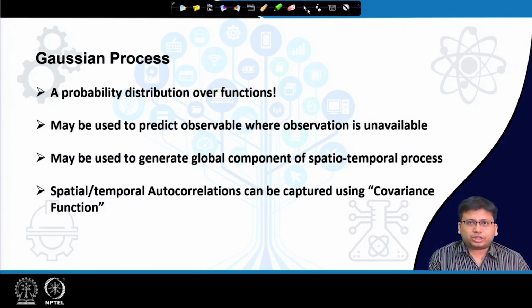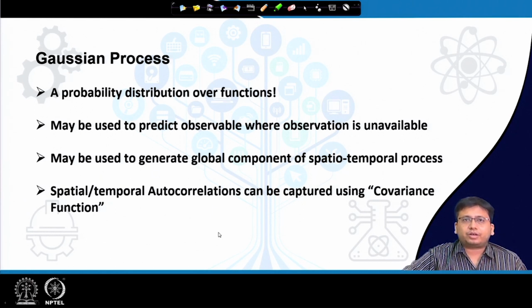Now, this Gaussian process has a covariance function, which we will discuss once we come to the formulation of the Gaussian process, and the task of that covariance function is to capture the spatial and temporal autocorrelations between the different locations and different time points. That is to say, whenever we are sampling any observation from a Gaussian process, the Gaussian process is basically giving us the values at different time points and or at different locations.